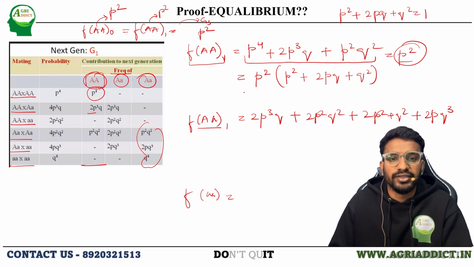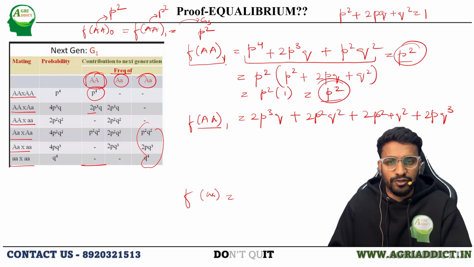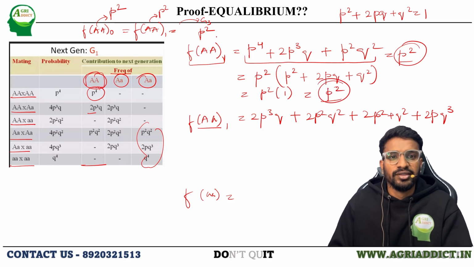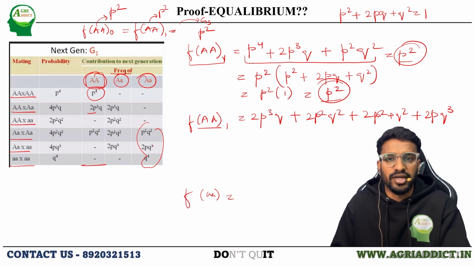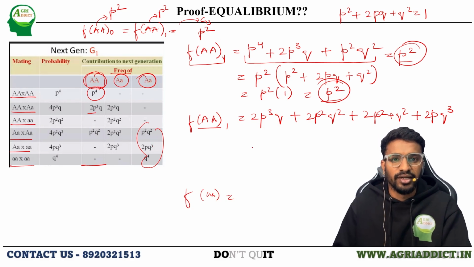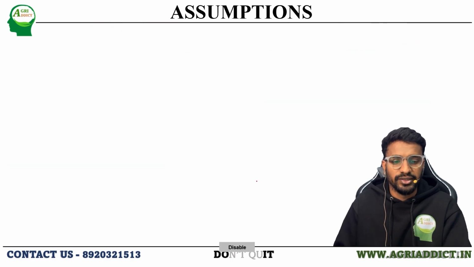If I substitute that value, ultimately I get p square in the F1 generation. So this is the exact proof that the population will be in equilibrium, or the gene and genotypic frequency will remain constant from generation to generation, if it satisfies certain conditions. I hope this is clear.